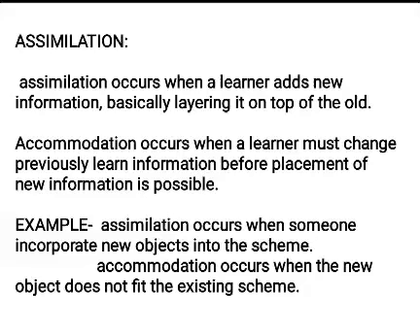Friends, assimilation is when a student learns something new, and accommodation is when the student learns the new thing with the help of existing previous knowledge. For example, assimilation occurs when someone incorporates new objects into the scheme, but accommodation occurs when the new object does not fit the existing scheme.